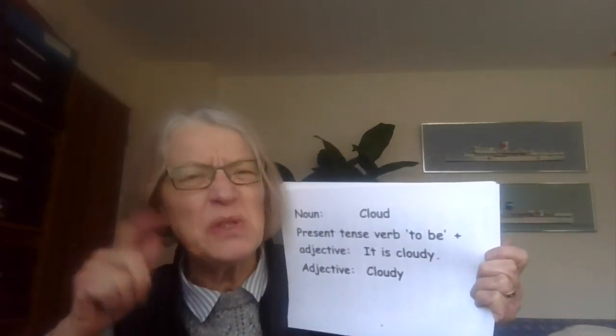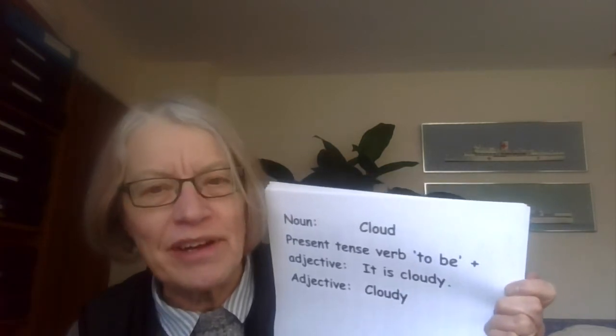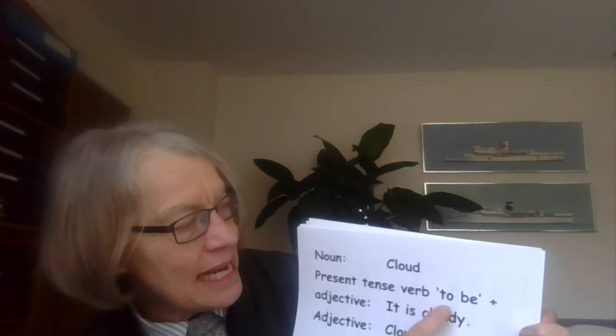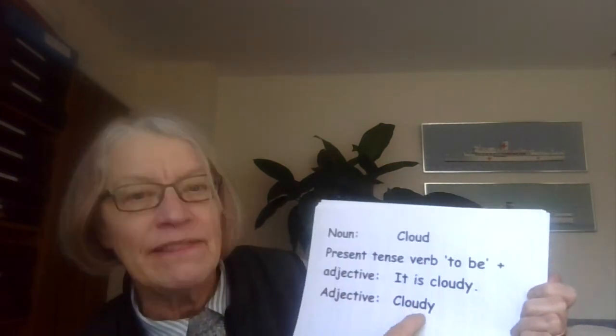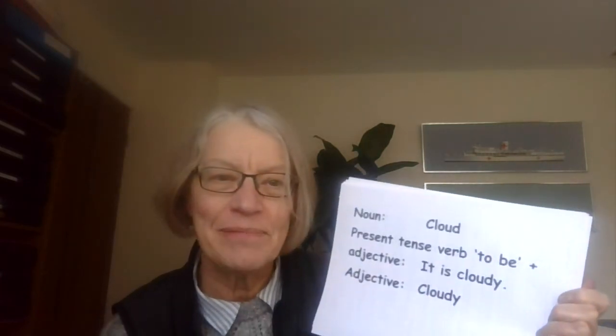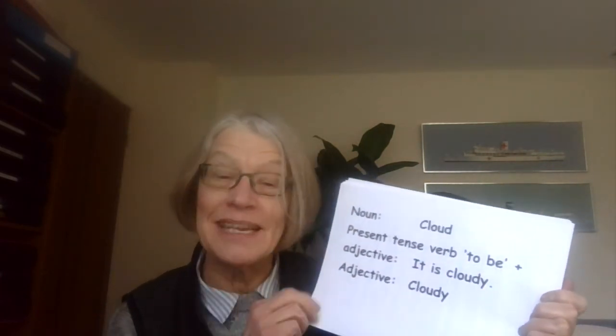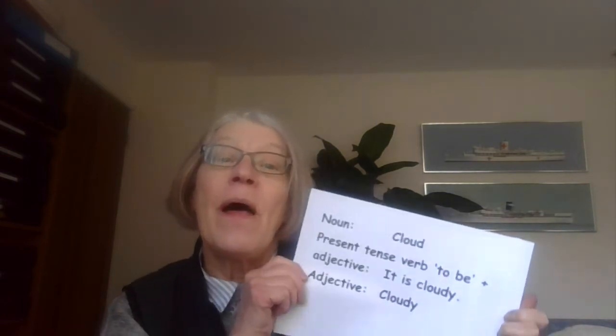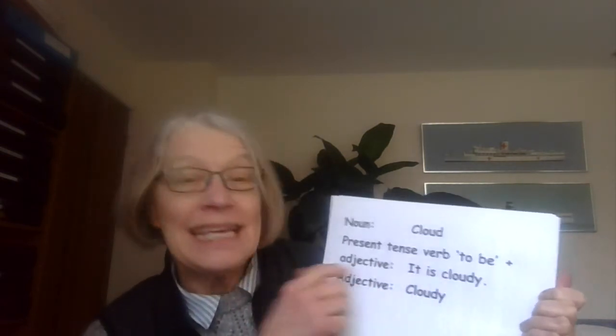So sometimes we do say it is clouding over, but usually we say the present tense of the verb to be and the adjective cloudy. It is cloudy. So once again, please, the past and the future tense of it is cloudy.